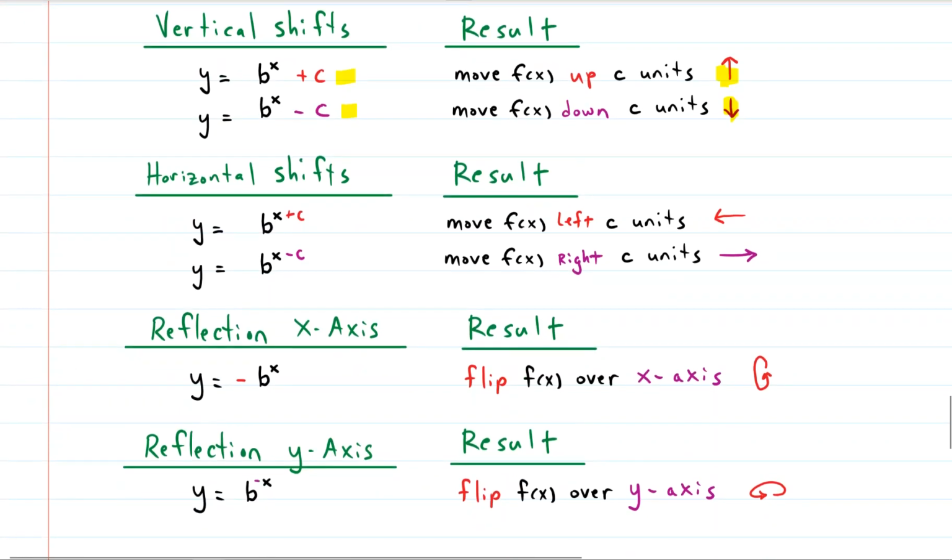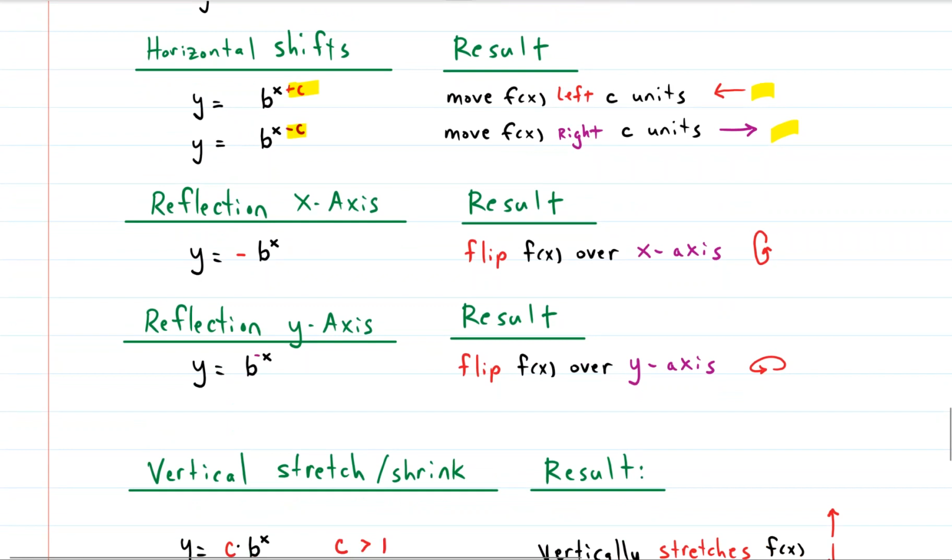We can shift horizontally by adding or subtracting a constant inside the function, and those move us left and right, respectively. So those inside the function move the opposite direction of the sign. So if it's a negative constant you're adding inside the function, then you move to the right.